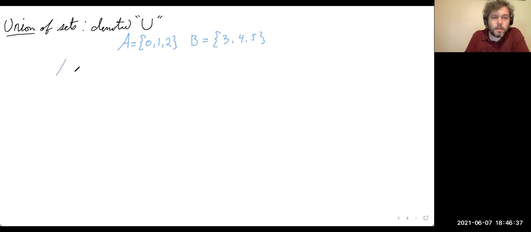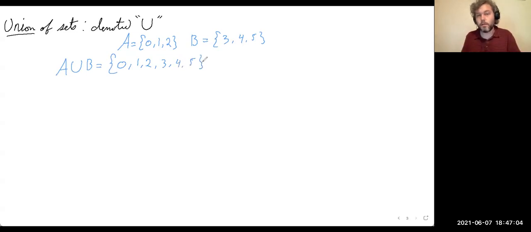Remember, when we're talking about sets, we're never listing anything twice, but we put these together. So the union of A and B will be {0, 1, 2, 3, 4, 5}. The union puts all of the elements in A and all of the elements in B together.